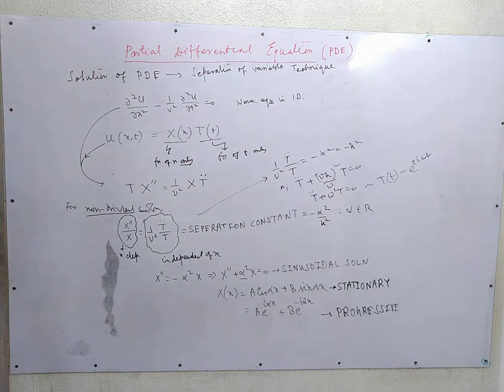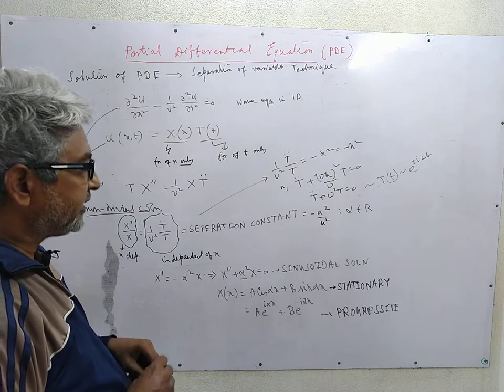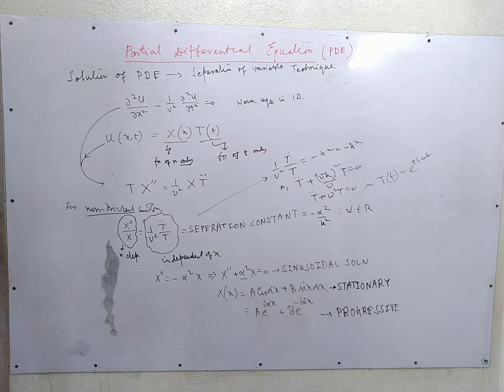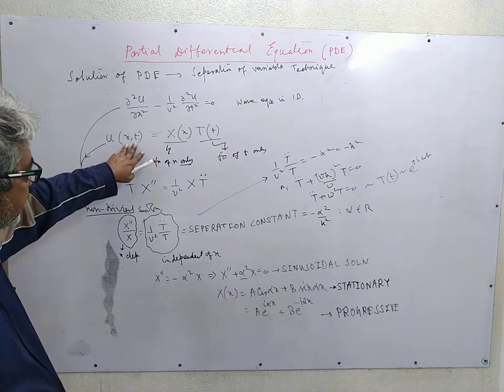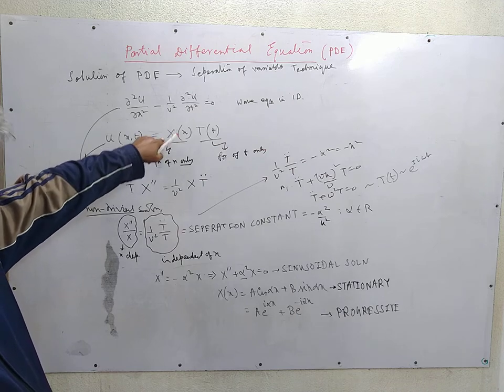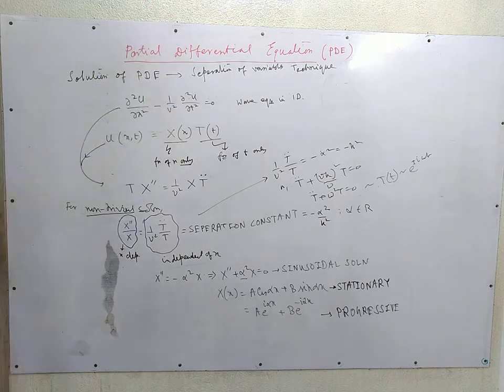So what we have done in the separation of variable technique: we first write the trial solution as the product of functions, where each function on the right hand side depends only on one independent variable. So if we have the 4 independent variables x, y, z and t, then it should be written as capital X of x, capital Y of y, capital Z of z, and capital T of t.